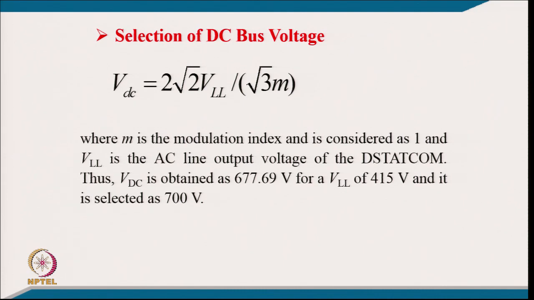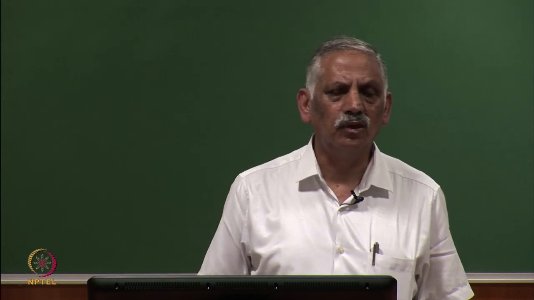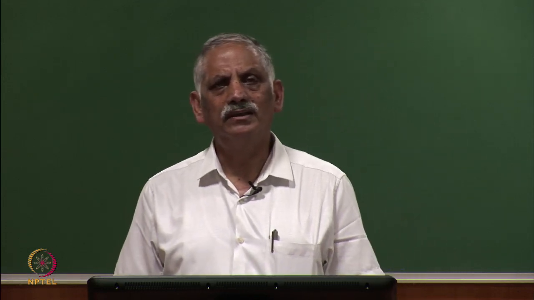It is on the 700 side because it has to take care of the drop across the interfacing inductor of the line, which we discussed last time, and the modulation index. It also has to handle variation in supply voltage: in place of 415 it can go even to 440, and still the voltage source converter should operate satisfactorily.